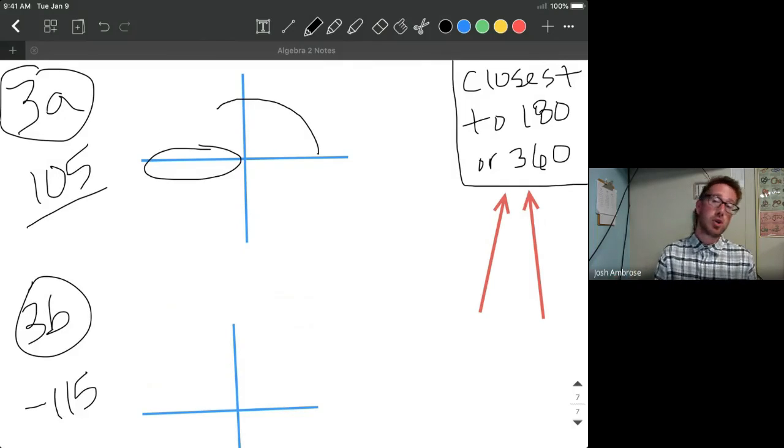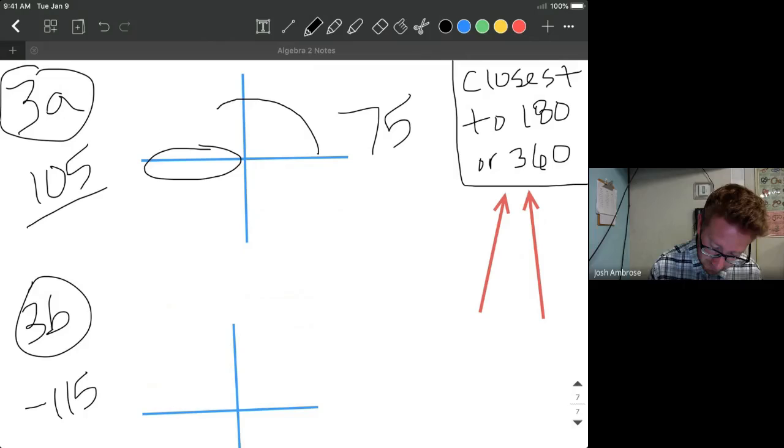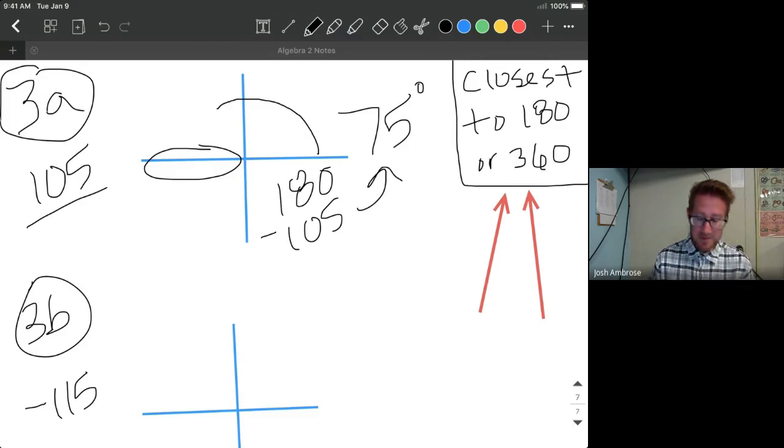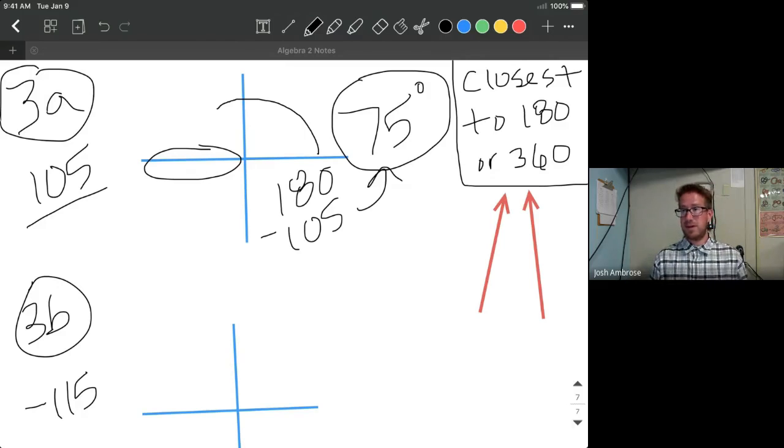Now, how close is it to 180 is your answer. When they ask for the reference angle, first step, what is it closer to, 180 or 360? 105 is closer to 180. How close is it? It is 75 degrees. How did I get that? Hopefully you guys made that simple jump: 180 minus 105 is 75. So the answer that we're looking for here is 75 degrees.